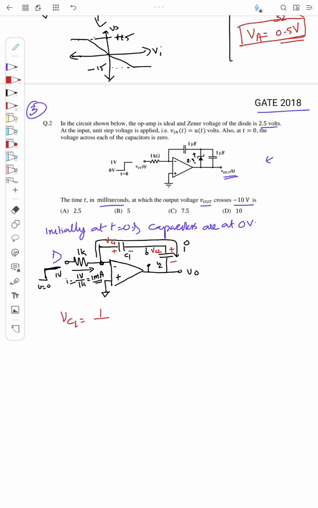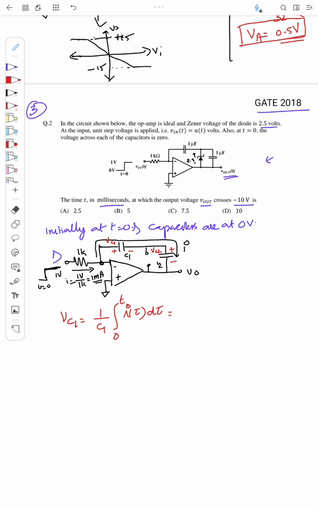That will be equal to 1 by C1 integral 0 to t of the current flowing through the capacitor I of t dt, or we'll take the dummy variable as tau, d tau.